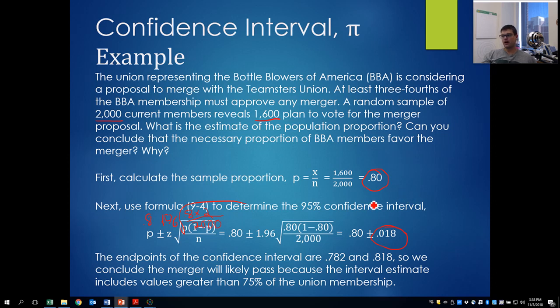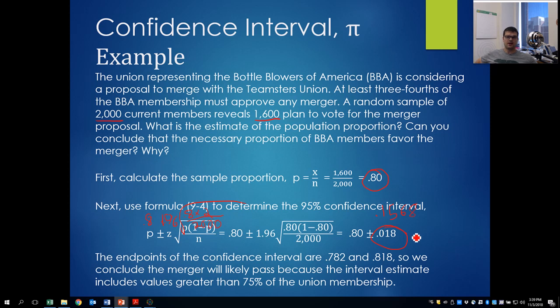Remember the margin of error that we had in our previous problem? The margin of error was 0.1568. Now there is a huge difference between 0.1568 and 0.018, and the whole difference between those two is just because we increased from 25 people to 2,000 people.